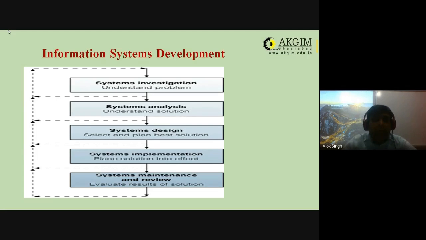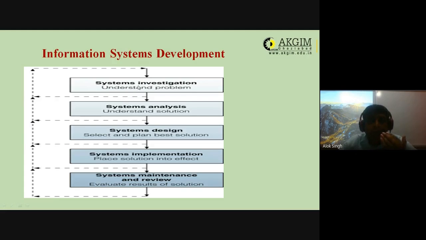If you are feeling some problem in future in some system investigation, like your system has become outdated, and you are not getting the optimum information to use, in that case you need to relook at your system investigation. Means all these processes are based on a feedback system, all in a closed loop system. Means you may check any of the processes at any time.